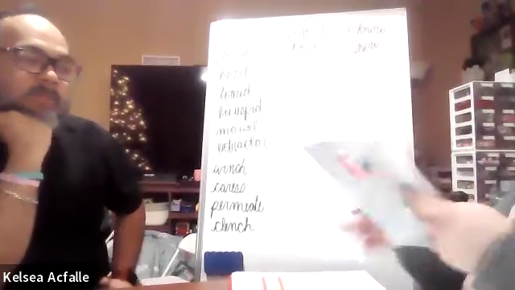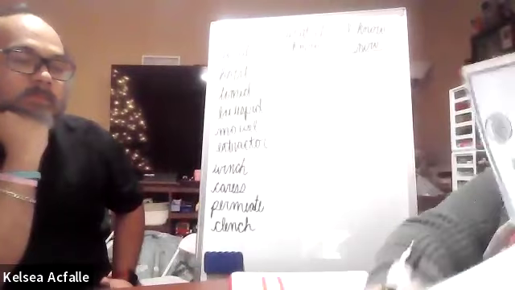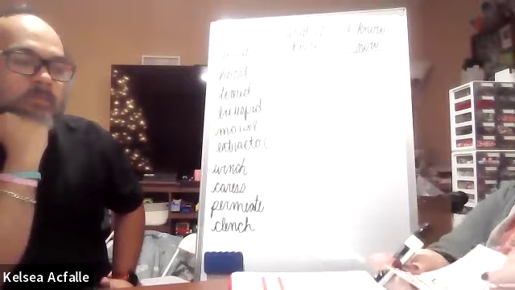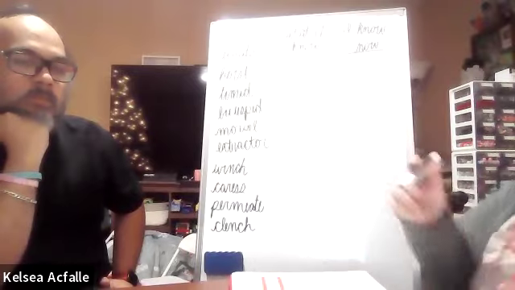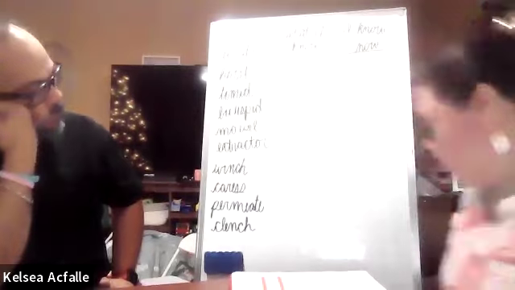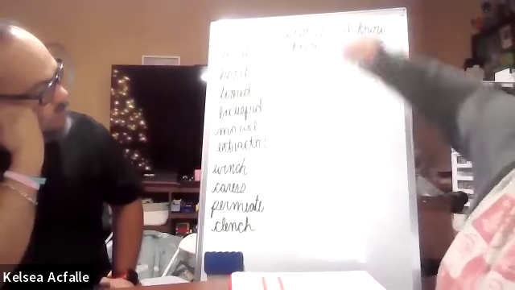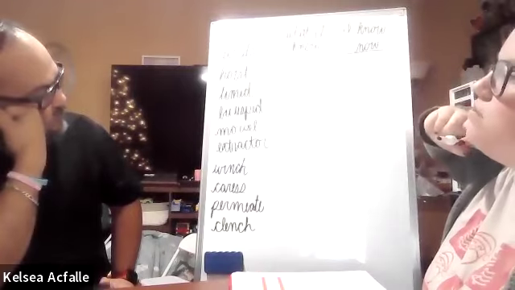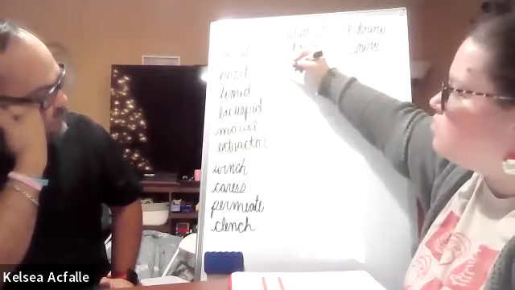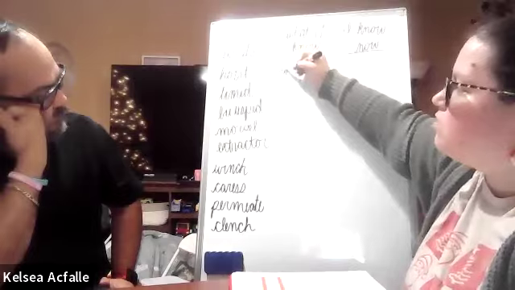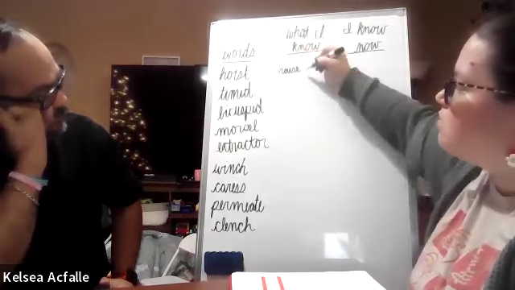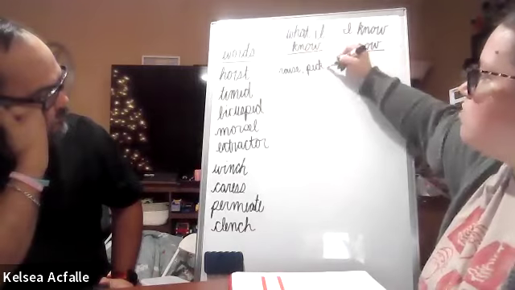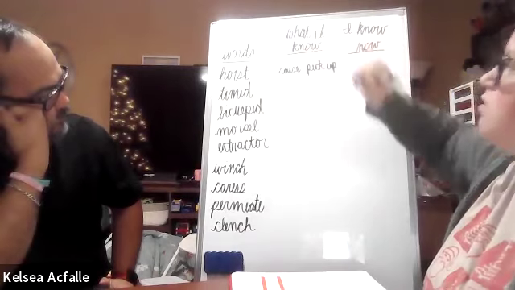Yes. Okay. All right, so now really quick, we've already talked about our colors and our flags, but we're gonna go to this vocabulary. So these are some of the words that we've pulled out of the book. So the first word is hoist. What do you know about the word hoist? Raise, or pick up. Okay.